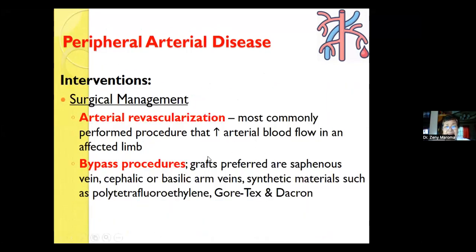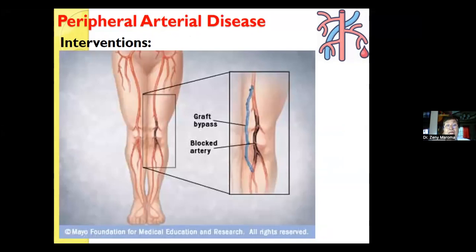Or bypass. Ano yung bypass procedures? Grafts preferred are saphenous vein, cephalic or basilic arm vein, or dili kaya synthetic materials such as Vortex Dacron. Ito yung obstructed vessel.